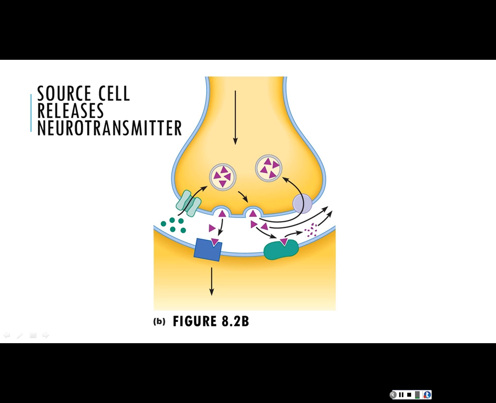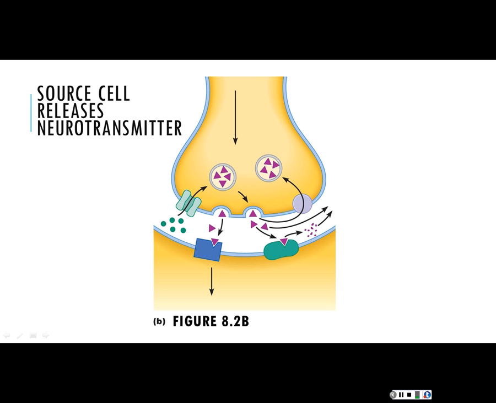Just to review some terminology, we're going to use the term presynaptic cell and postsynaptic cell. What's the reasoning behind that? At a synapse, a presynaptic cell is the one that releases the neurotransmitter.